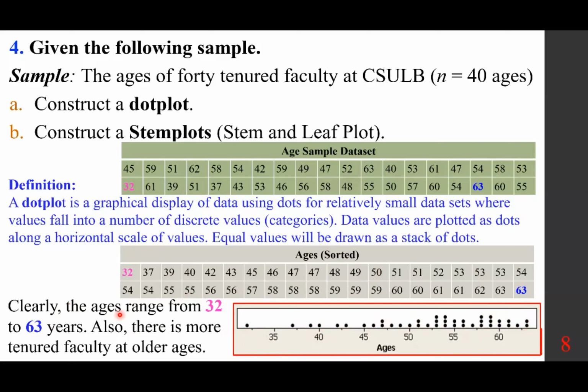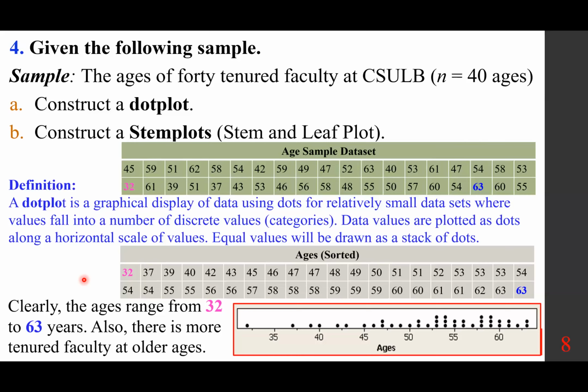And clearly the ages range from 32 to 63 years. Also, there is more tenured faculty at older age, since we have more dots towards the end. That's the meaning of it. So a plot should give us information, and it does.